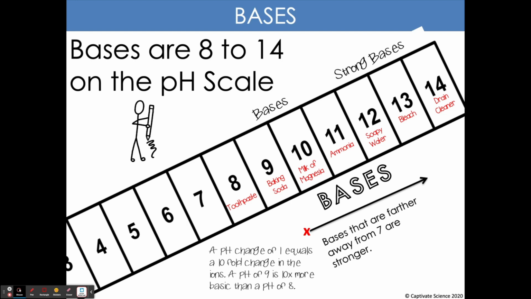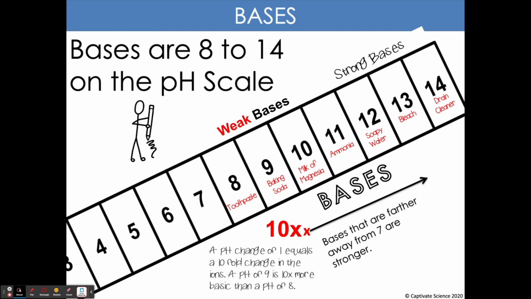Okay, so on the pH scale, bases are 8 to 14. A pH change of 1 equals a 10-fold change in the ions. A pH of 9 is 10 times more basic than a pH of 8. Make sure you fill in the examples on your scale on your paper.